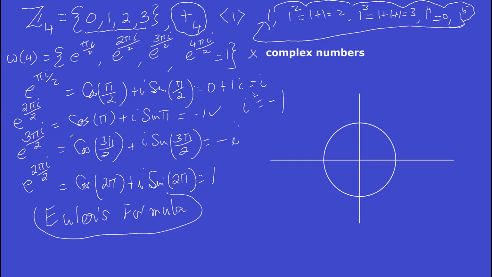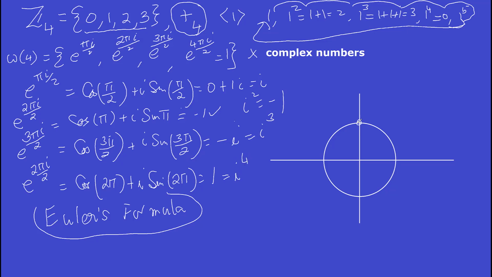Then e to the 3 pi i over 2 will be -i, which is i cubed, and then e to the 2 pi i is i to the 4th power, which is just 1, right?